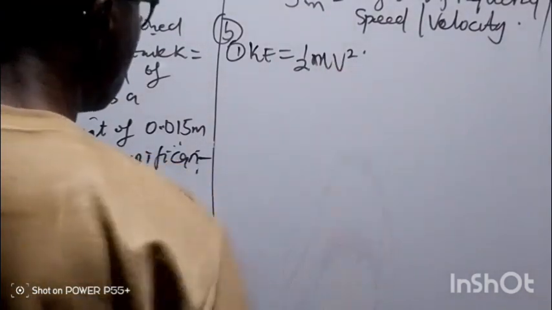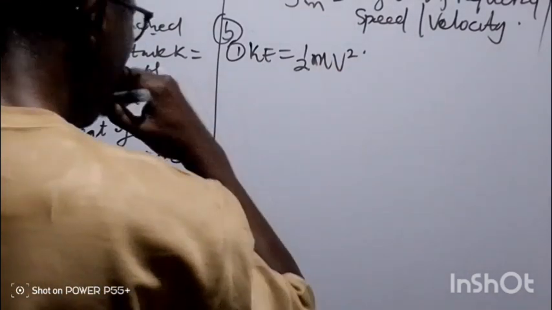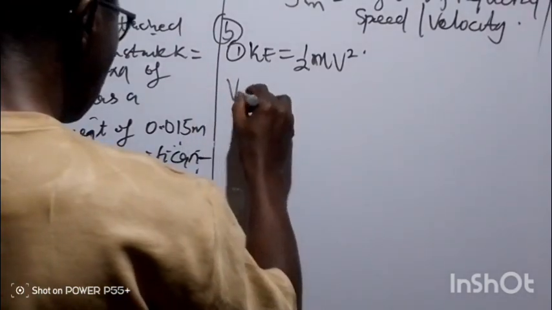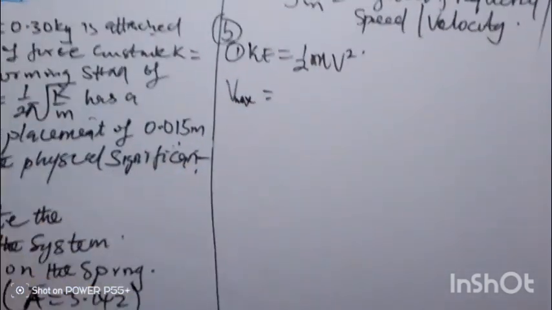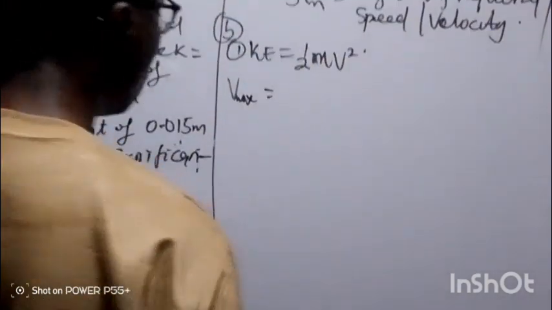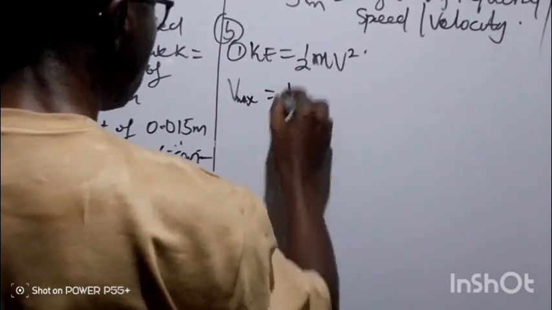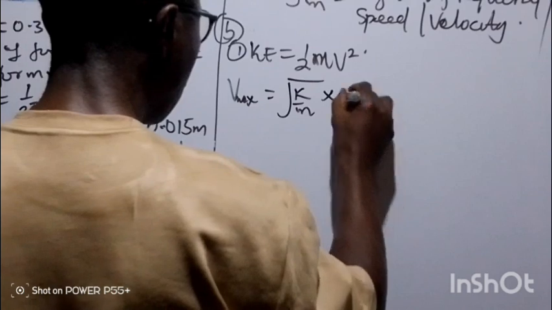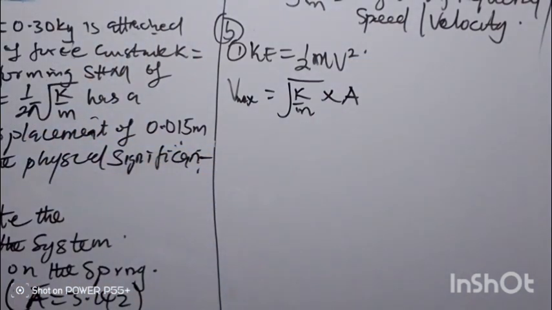Since the question says the maximum displacement, the maximum speed of a spiral spring will be equal to square root of K over M multiplied by A, where A is the amplitude, which is given as the maximum displacement.